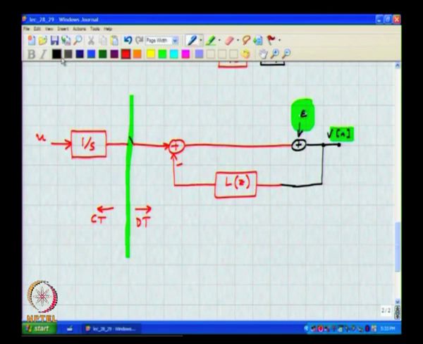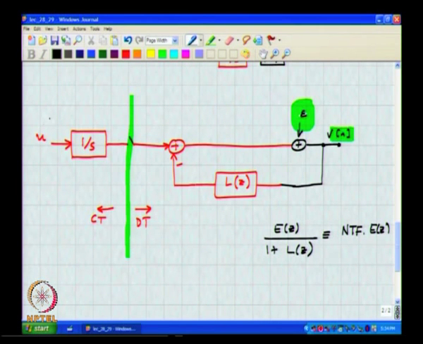Not surprisingly, that transfer function is E of z times 1 by 1 plus L of z, and the way we have chosen L of z, this is nothing but the NTF that we want times E of z, correct.